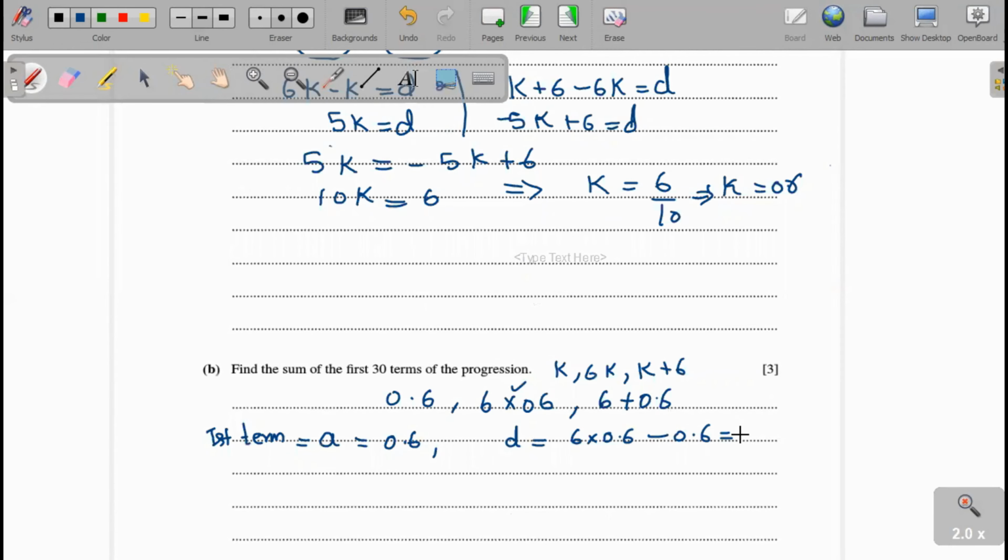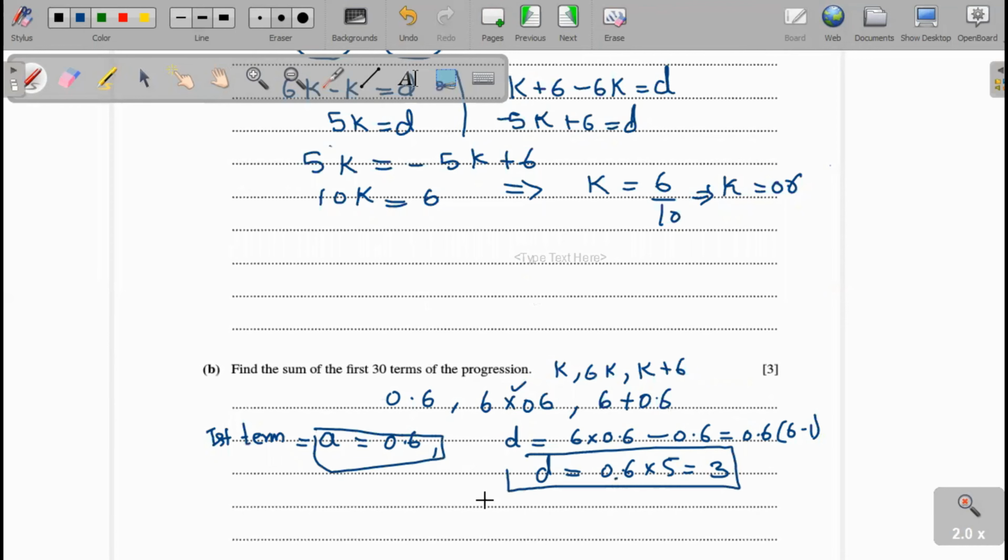Now we get 0.6 into (6 minus 1), that is 5, and 0.6 multiplied by 5 is equal to 3. Now d is 3, the common difference is 3, and the first term is 0.6.